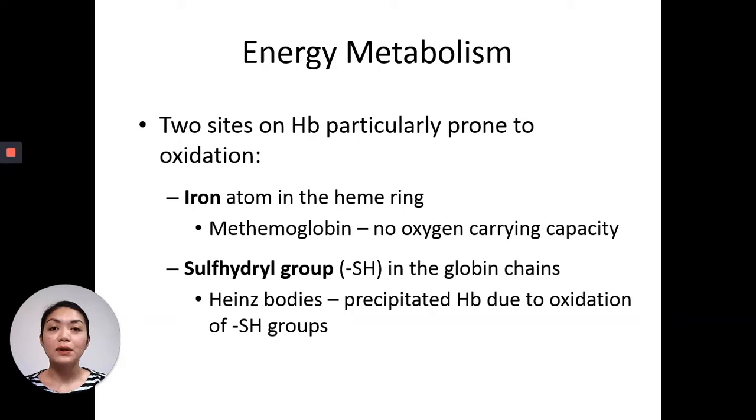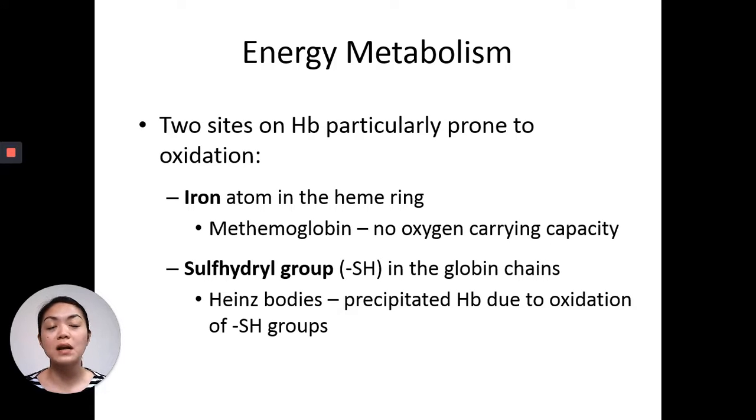Okay, what about the common components inside the red blood cell that are prone to oxidation? So again, the major cytoplasmic component of the red blood cell is hemoglobin, and our hemoglobin contains two major components, heme and globin. Heme is made up of iron and protoporphyrin 9.